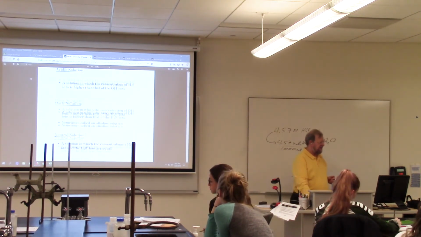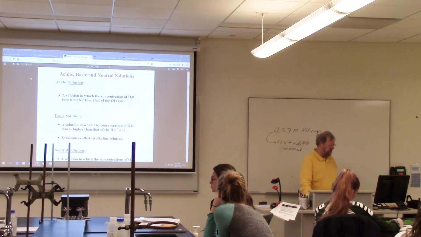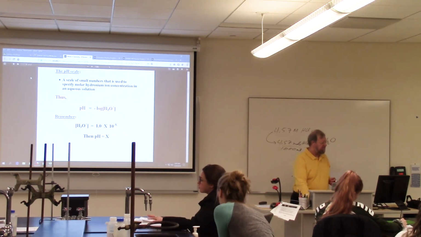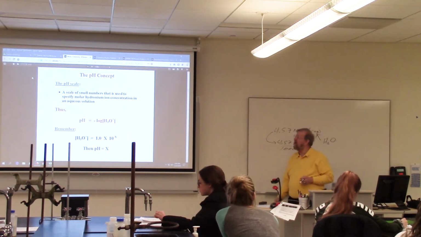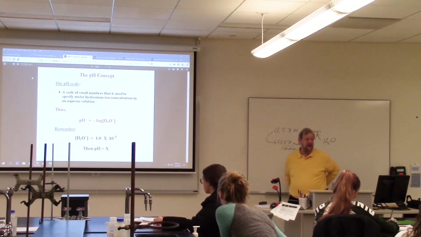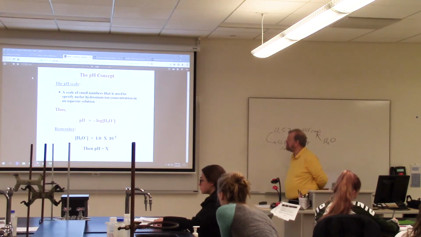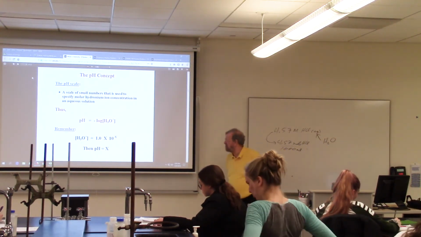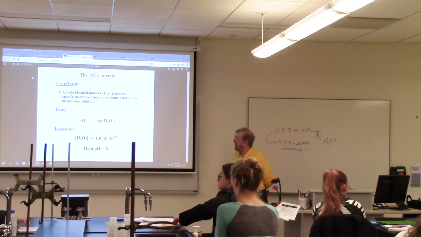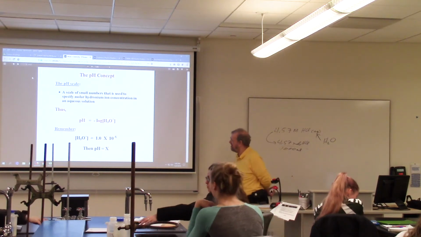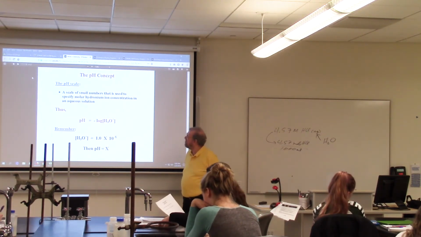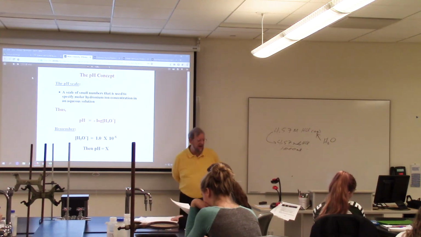And there are different solutions, acidic, basic, and neutral, and I'll cover this again in a little while. Important thing, pH. One of the most important things I've taught you this semester, and you'll probably use elsewhere, is pH. pH is equal to minus log of the hydronium ion concentration. Remember, if the hydronium ion concentration equals 1.0 times 10 to the minus x, then the pH is x.